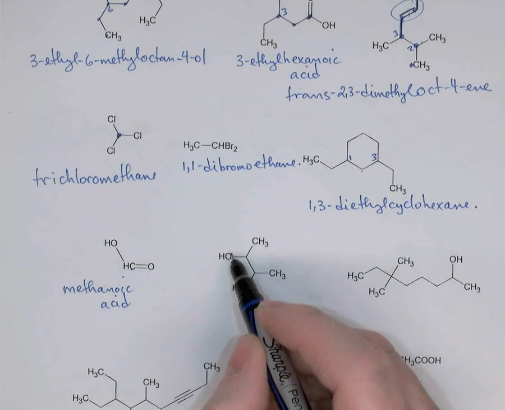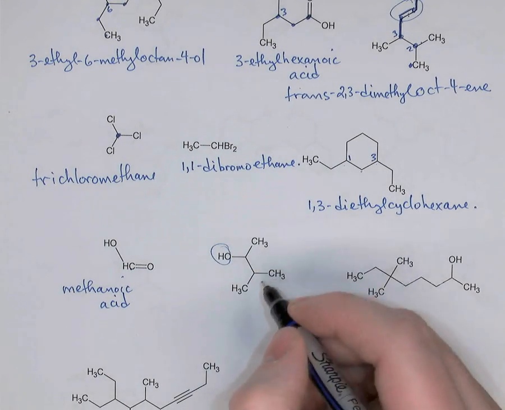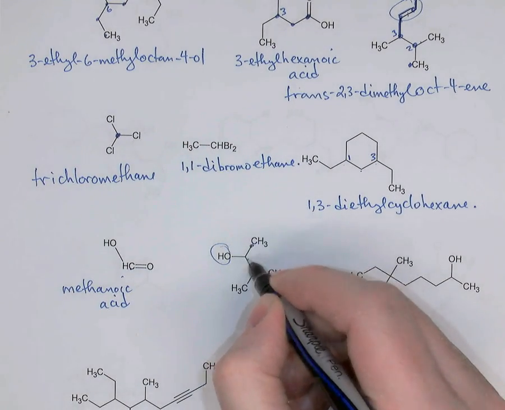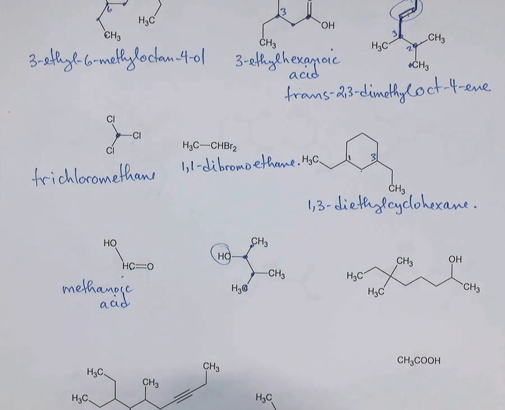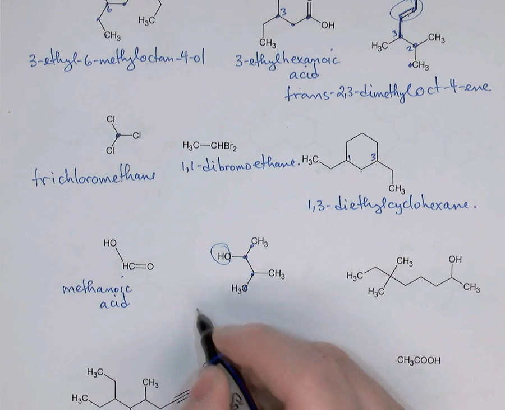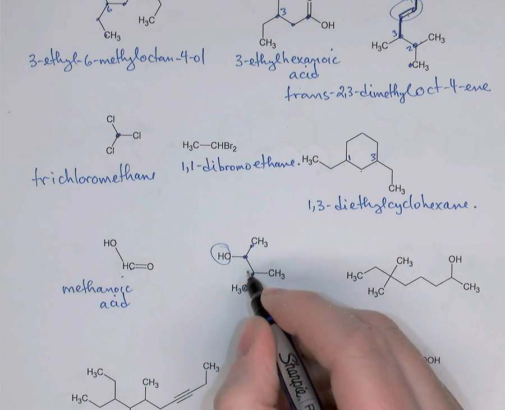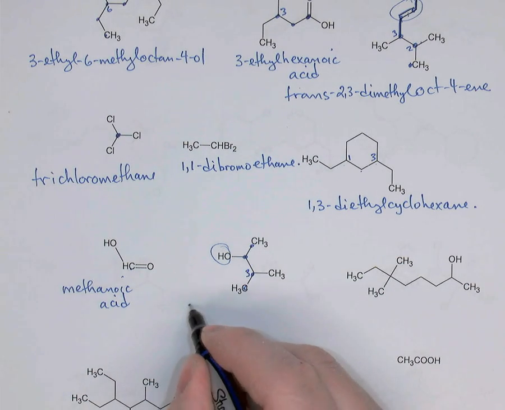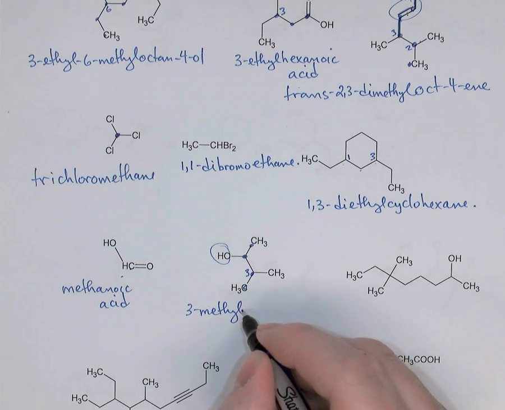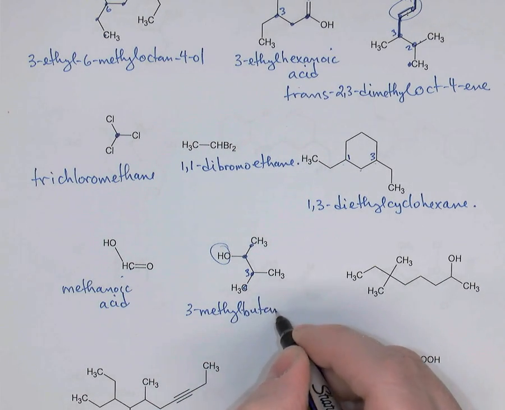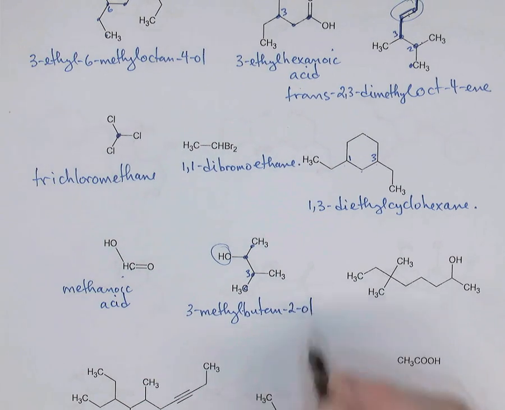Next we have an alcohol again, and the alcohol will be on the second carbon in the chain, and there's 4 carbons total in that chain. So that would be, let's see, carbon 3 has a methyl branch, so 3-methylbutan-2-ol.